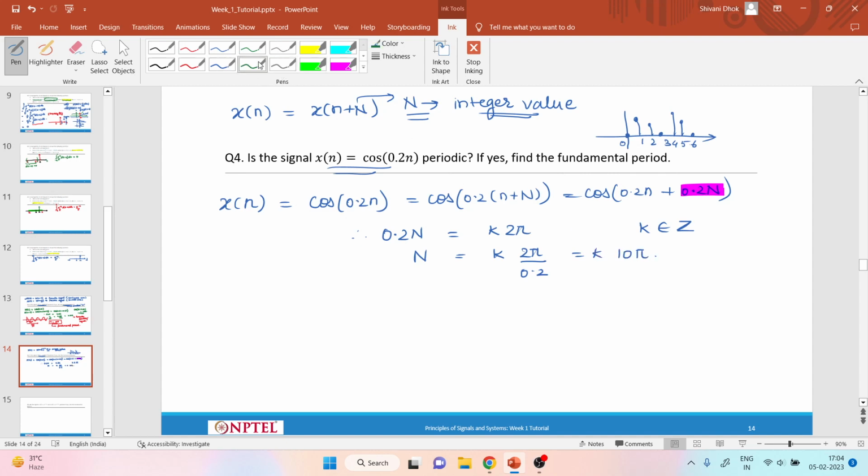Now if you look at this factor here, 10 pi, pi is an irrational number, and for any value of k, you are never going to get N as an integer. And that's why this signal x of n, even being a sinusoid, is an aperiodic signal. So this signal is not periodic.